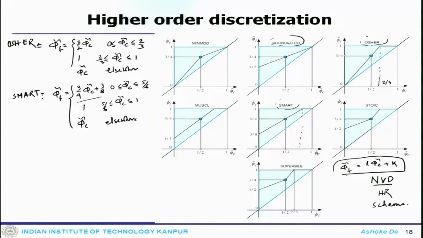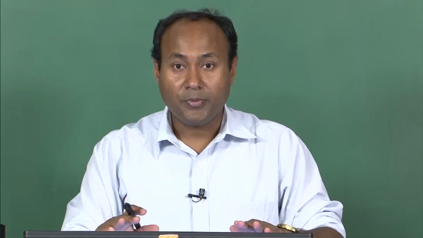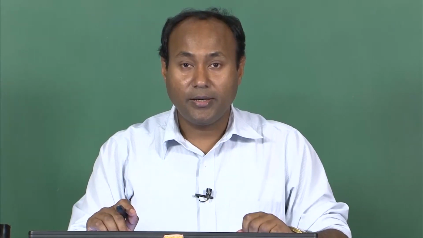As we see, the SMART scheme provides this kind of profile, and the OSHER scheme provides this kind. There are others also, like MUSCL, STOIC and so on, which we will see, but the point is all these higher order schemes belong to this kind of profile definition or normalized flux definition, with some constant factor times phi c plus a constant, and that is how we are building all this. We will stop here today, and the other schemes we will see in the next lecture. Thank you.